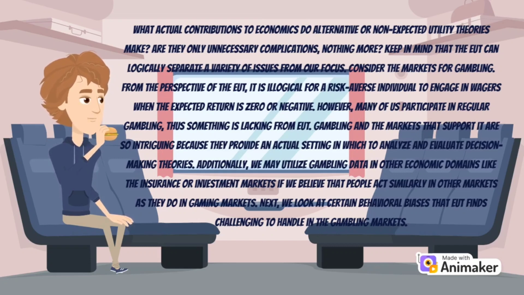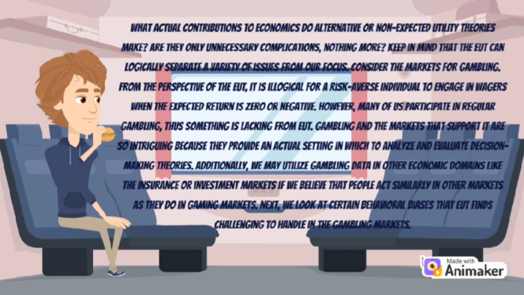Keep in mind that the EUT can logically separate a variety of issues from our focus. Consider the markets for gambling. From the perspective of the EUT, it is illogical for a risk-averse individual to engage in wagers when the expected return is zero or negative.